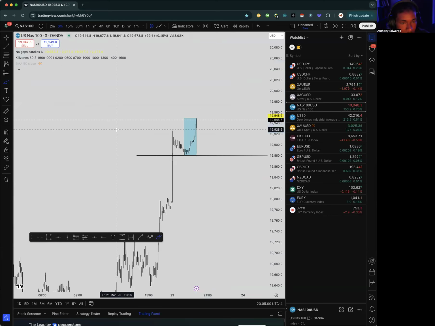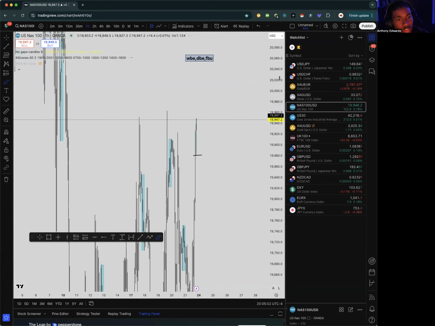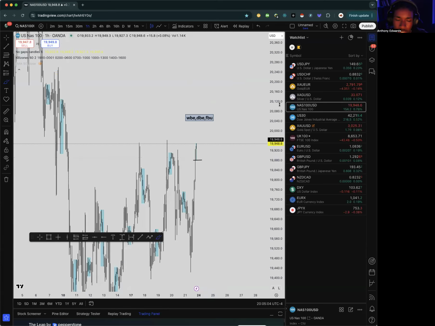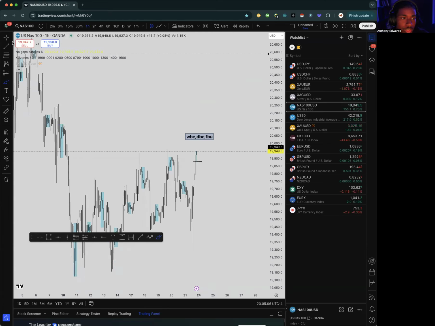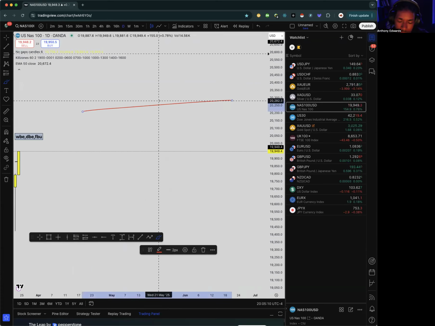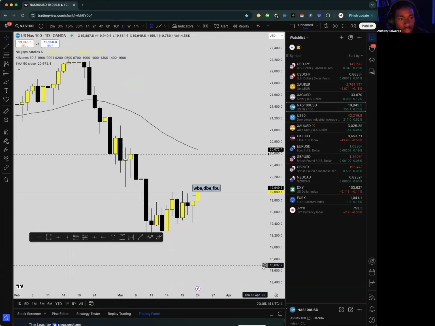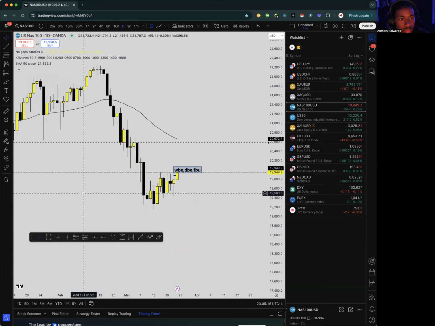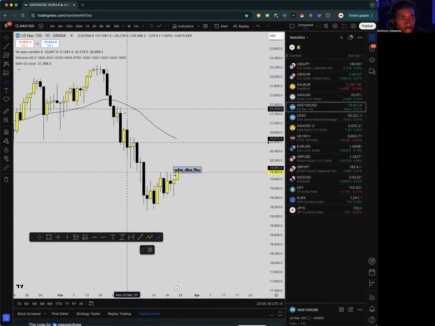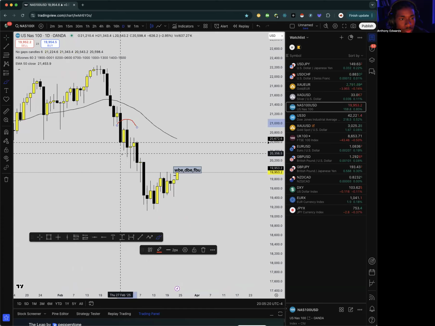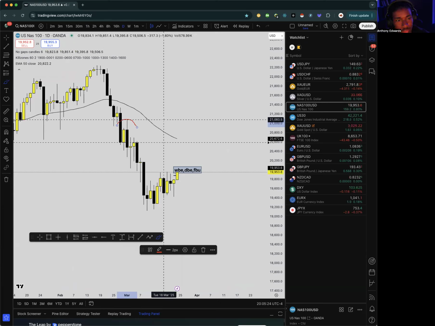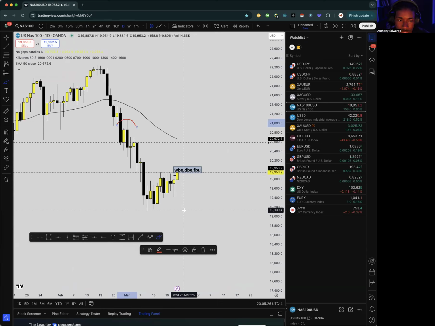But yeah, that is my target of where I think price is on its way to. I strongly believe that price is on its way to somewhere below this area. So I don't think price would go above 21,000, and for now, price is not going to be going anywhere near 19,000.